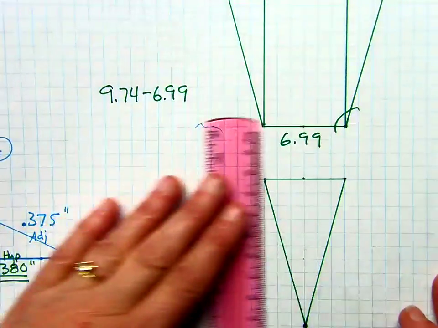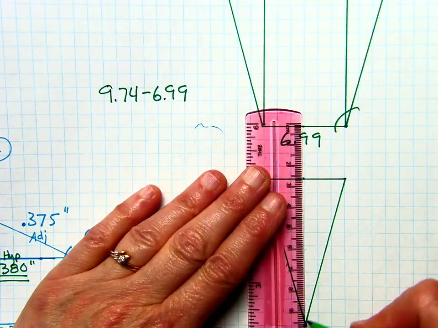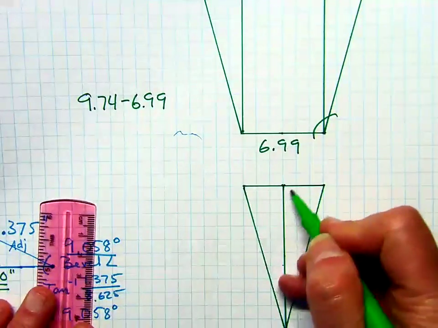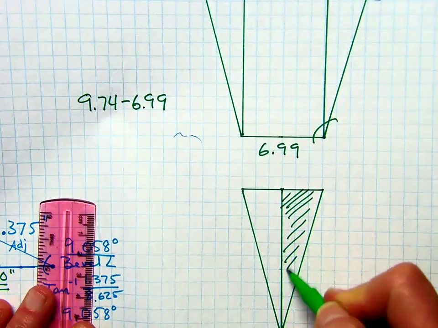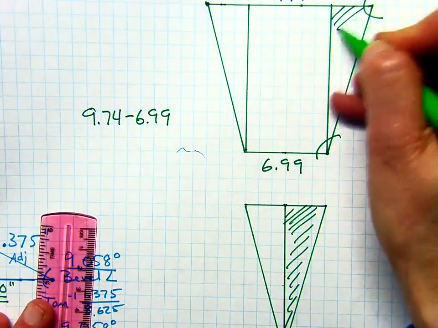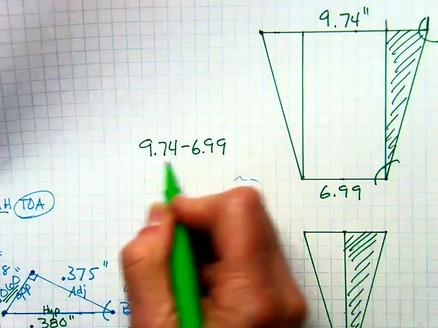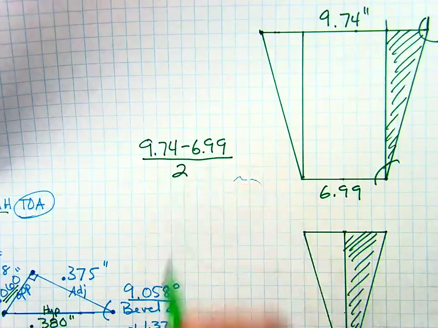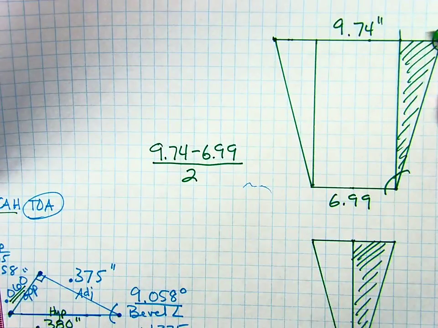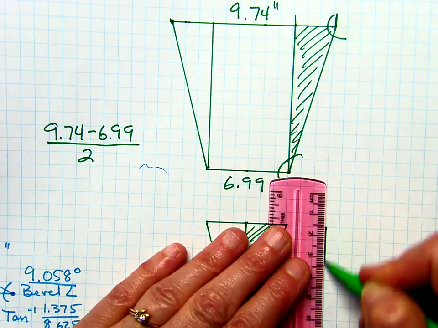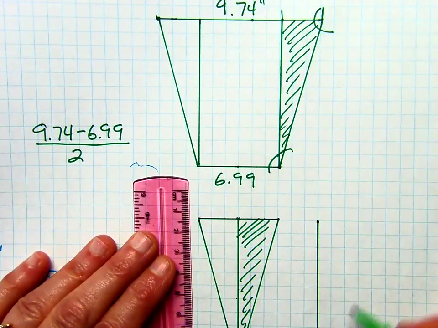And if you bisect or cut this in half, then we basically have, if you look at just 1/2, I can color in 1/2, that's what this is here. And so essentially we're getting this dimension here. So if you subtract and then divide by 2, that's going to give you this dimension. Okay? And so I'll go ahead and redraw it here just for the purpose of a visual aid.